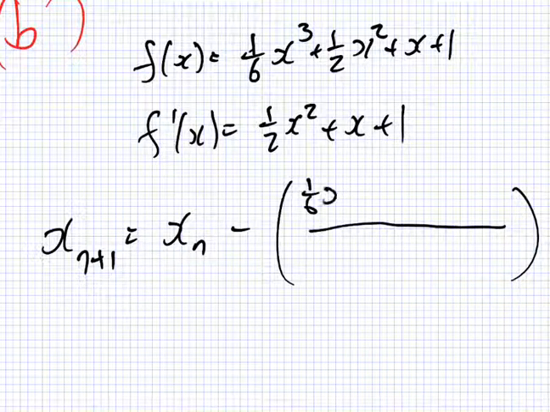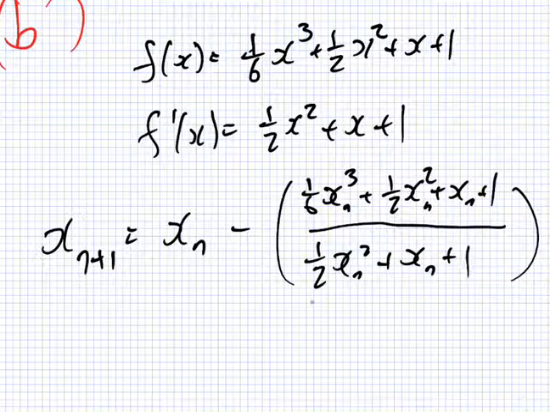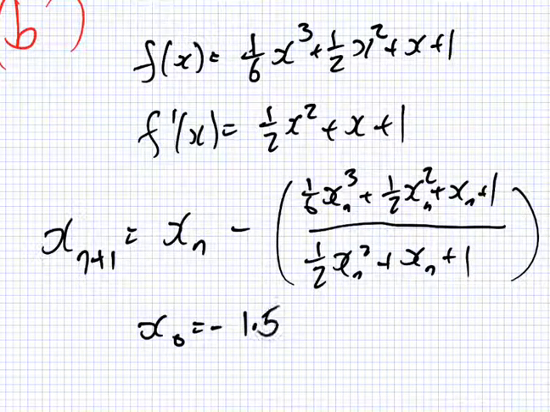1/6 x cubed plus 1/2 x squared plus x plus 1. And here 1/2 x squared plus x plus 1. And we're told to start at minus 1.5. So we just put minus 1.5 into the formula and we calculate the answer.